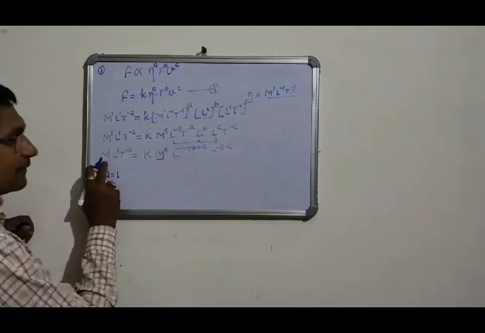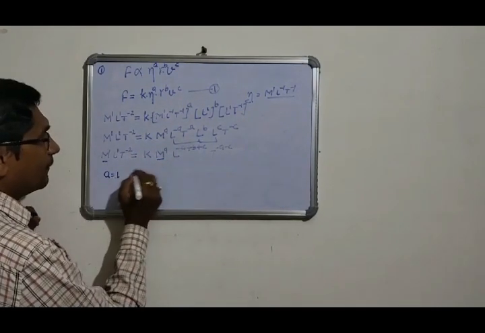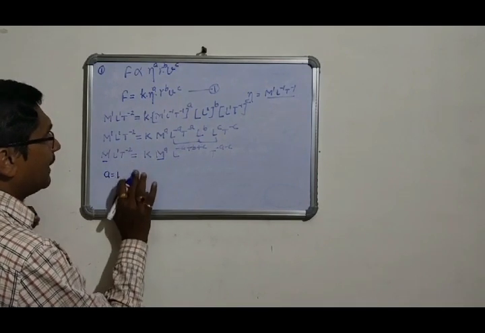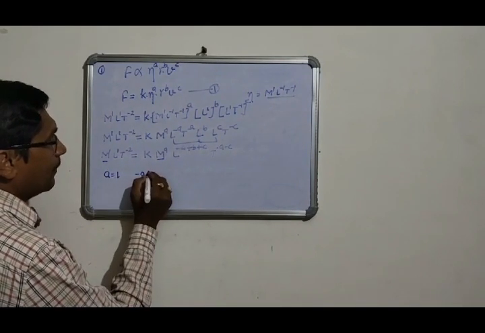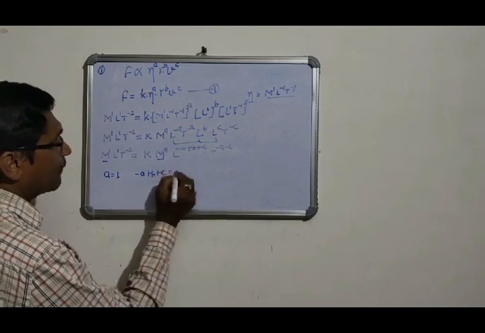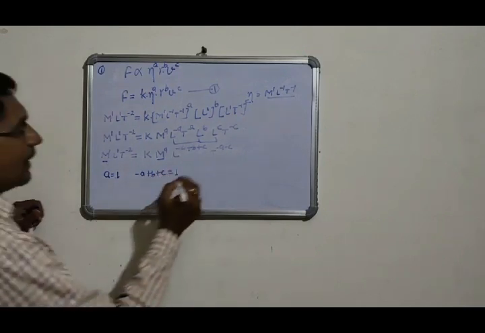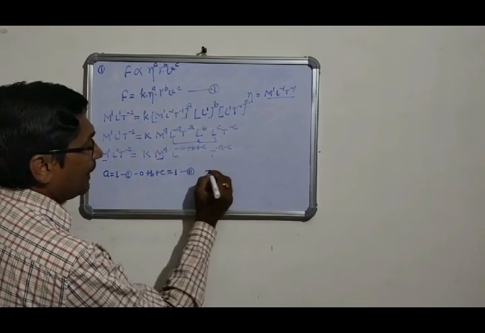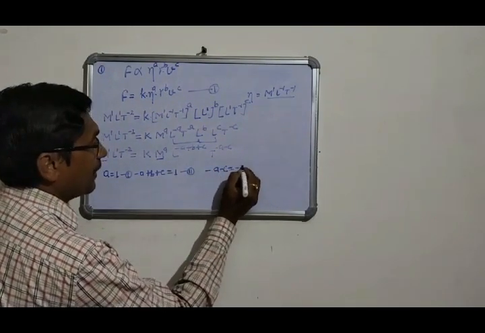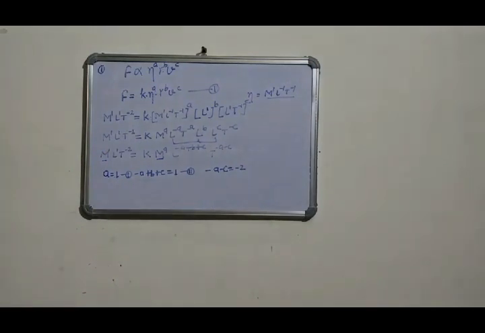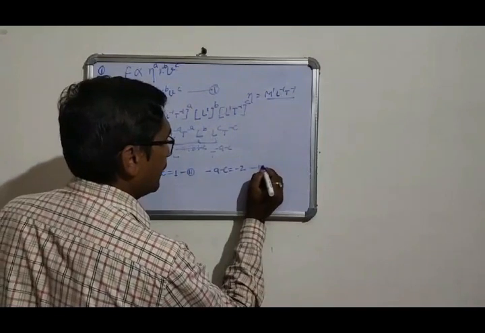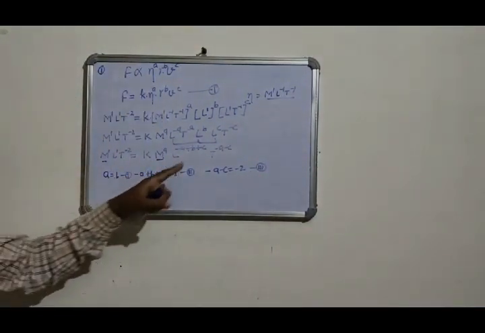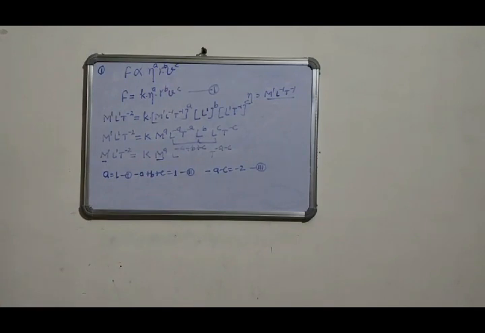By comparing lengths, -a + b + c equals 1, which is equation number 2, and -a - c equals -2, which is equation number 3. With the help of equations 1, 2 and 3, we can find the values of a, b and c.